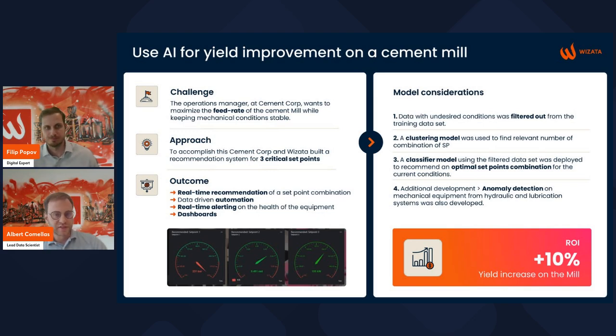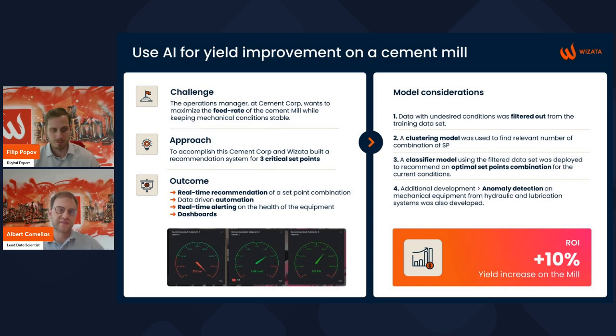So what we did initially was to discard from our data all the cases that didn't have the desired conditions we were looking for. Once we had the data set with the desired conditions like high production and stable operation, we extracted what were the most relevant set point combinations for each of the cement types that were produced that made these desired conditions possible.